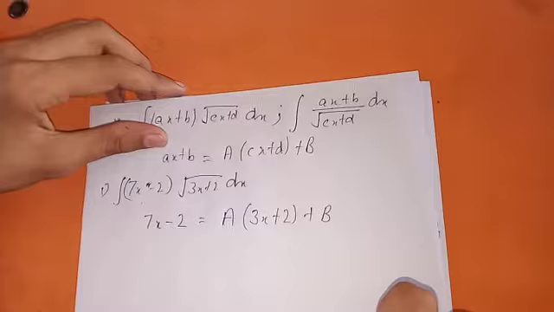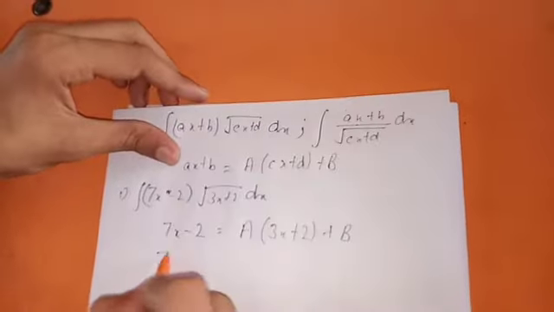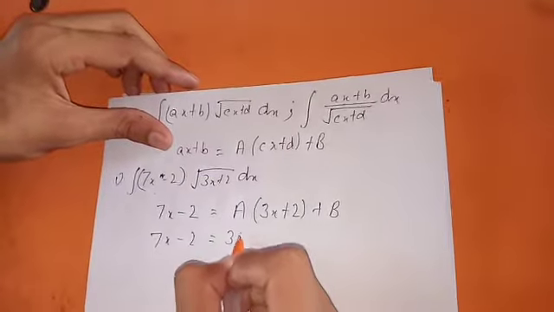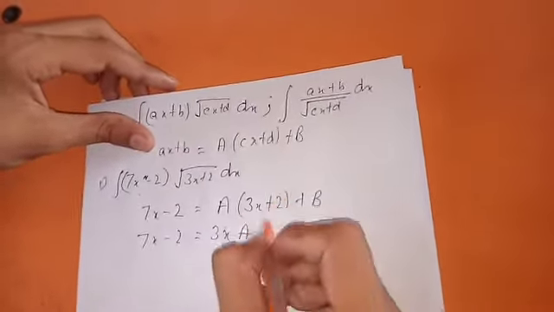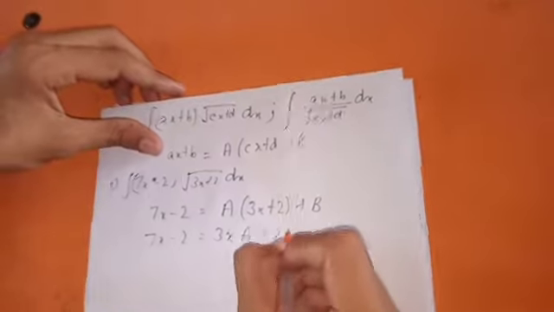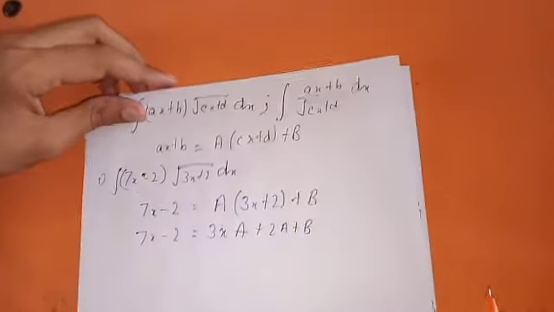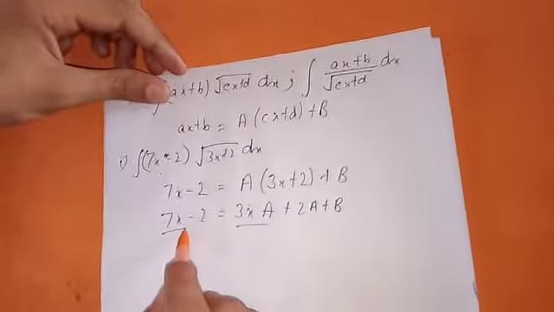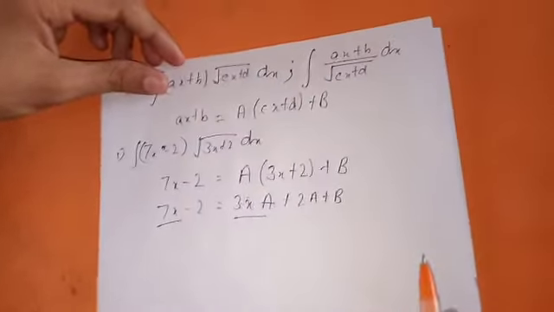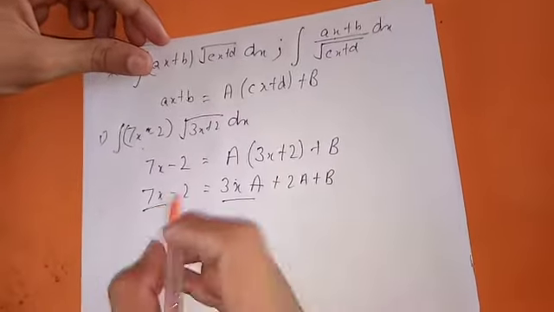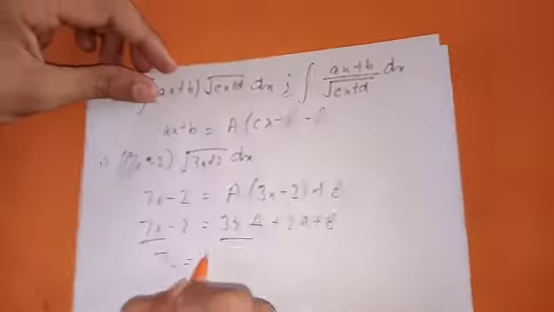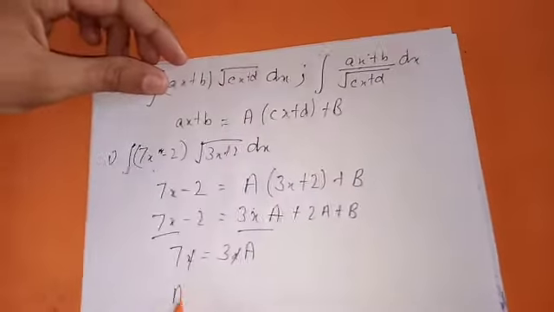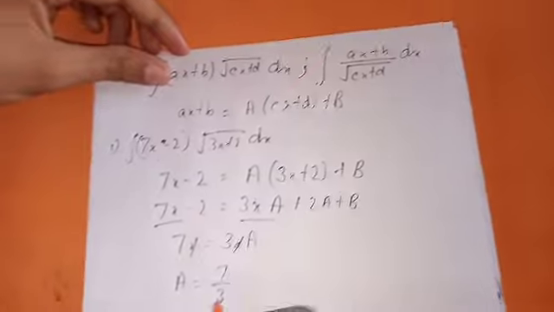So this will be 7x minus 2 equals 3x a plus 2a plus b. Now look, x is the variable here and here, so we can equate them. So 7x will be equal to 3x into a, x will cancel x, so a will be 7 by 3.